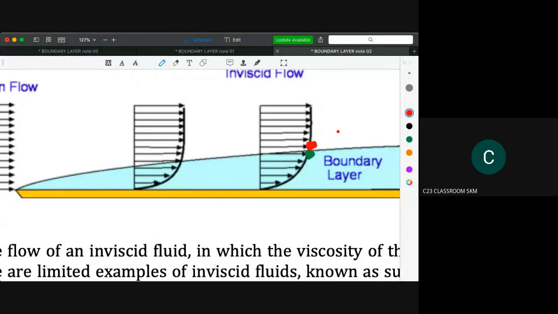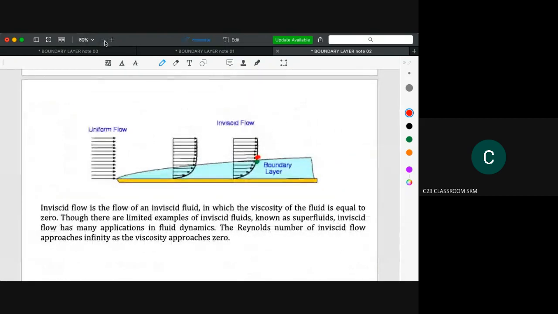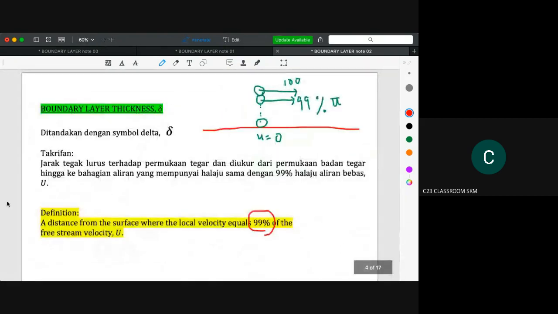The word boundary itself shows that you should know the boundary between the uniform flow and the velocity distribution. So please remember this definition.